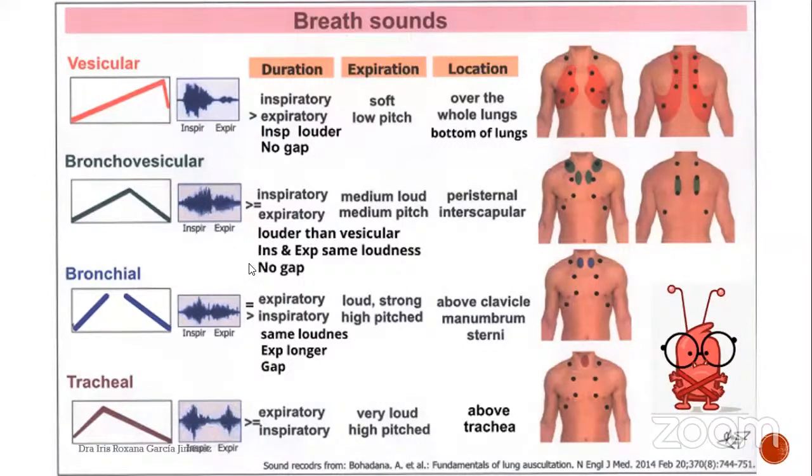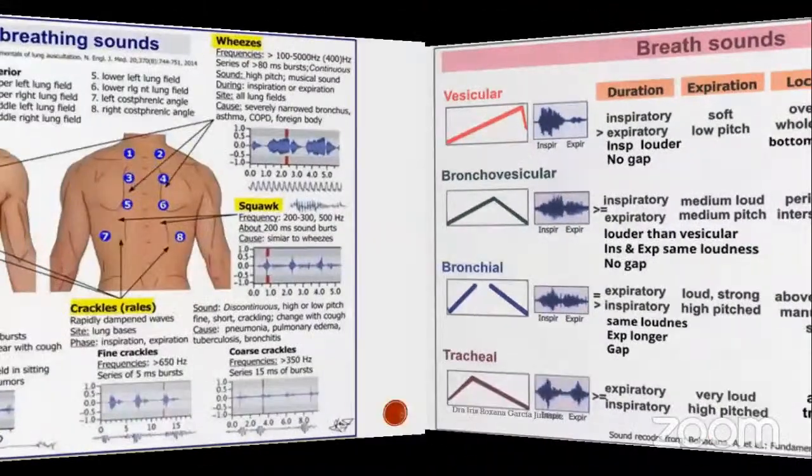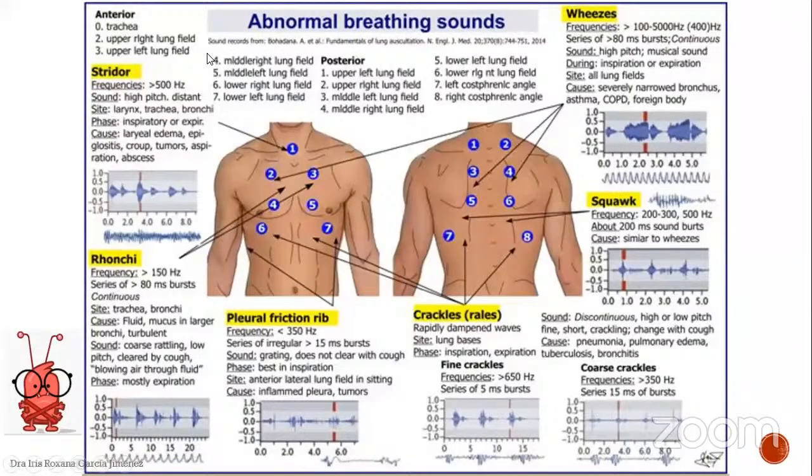Some vocabulary abbreviations, of course, we can talk about tomorrow, okay? Because of time, we cannot read all of these detailed slides, because they are extra information. Just try to consider this information in order to catch vocabulary. The same with the abnormal breathing sounds.